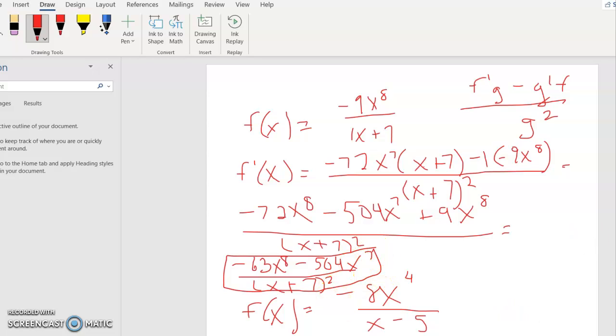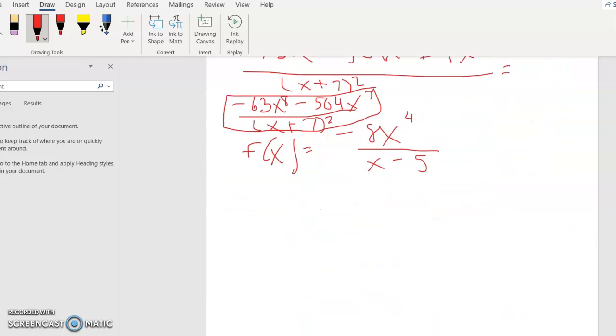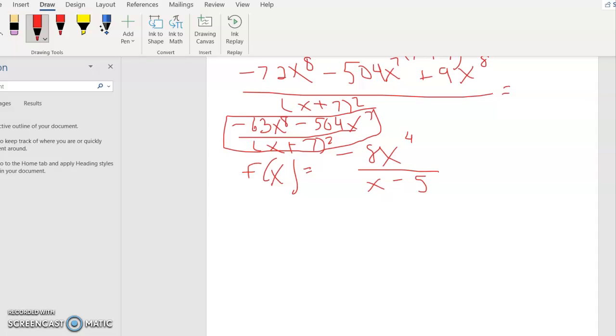All right, now let's do the same thing on the second one here. Our quotient rule says to take the derivative of the top. So the derivative of the top will be 4 times the negative 8, negative 32. Lower the exponent, that's x to the 3rd. Bottom tags along, x minus 5.